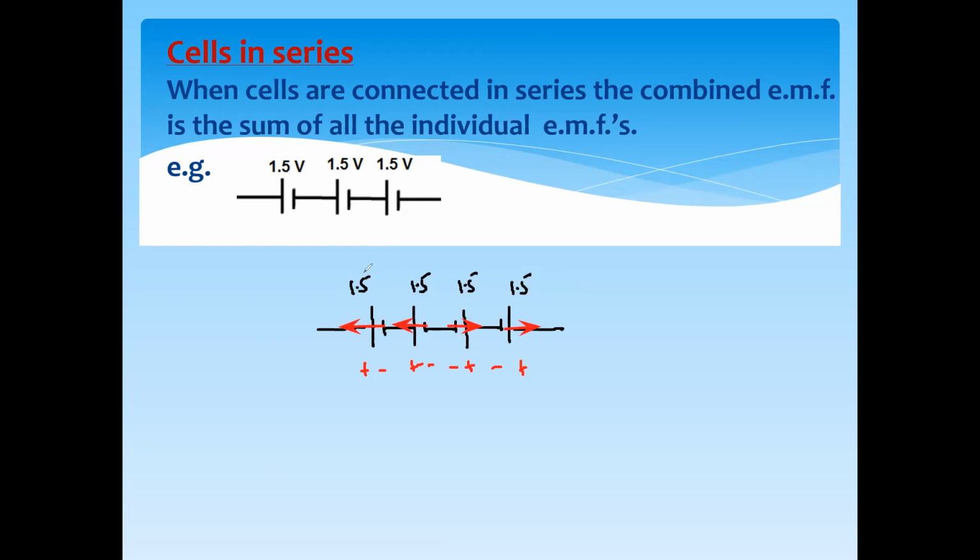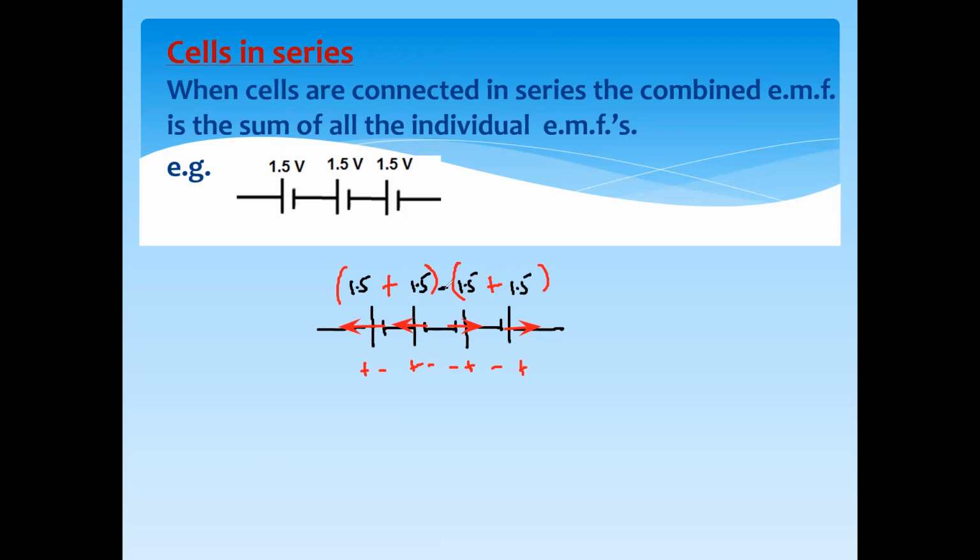Because these two cells on the left hand side want to transfer the energy in the same direction, we will add them. These two cells want to transfer the energy in the same direction, we'll add them as well. But the two cells on the left hand side and the two cells on the right hand side want to transfer the energy in the opposite direction.